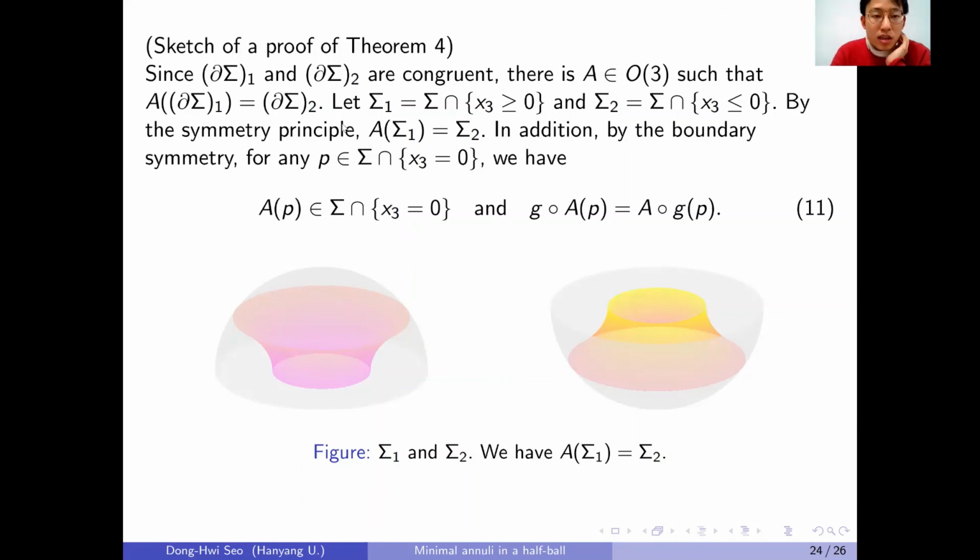So if you consider a point P in sigma in the equatorial disk, then by the symmetry principle, AP should be contained in the equatorial disk, and the Gauss map composite with A is equal to A composite with the Gauss map.